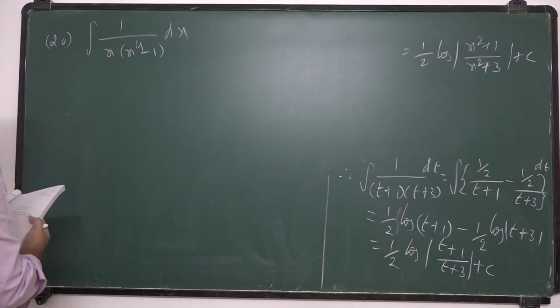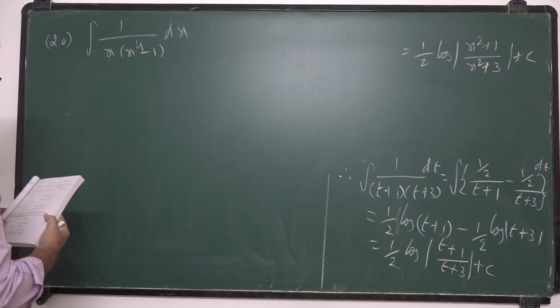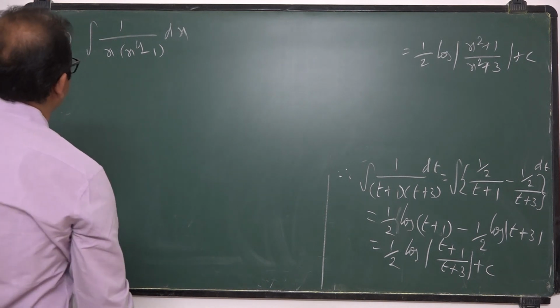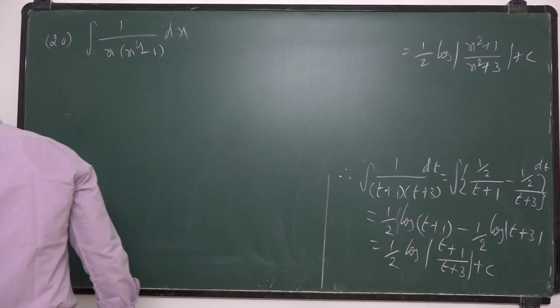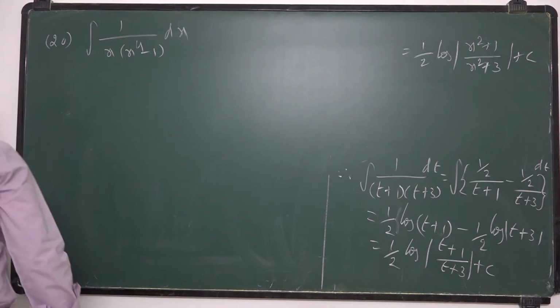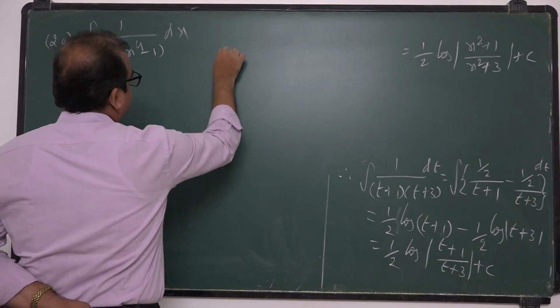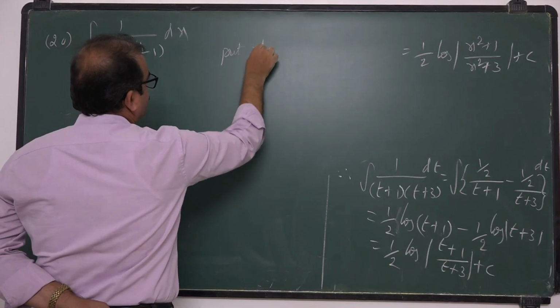Next, 20. Integral of 1 by x into (x power 4 minus 1) into dx. Put x power 4 equal to t.